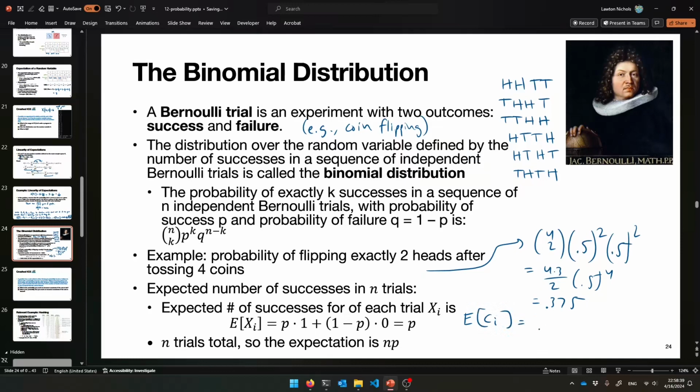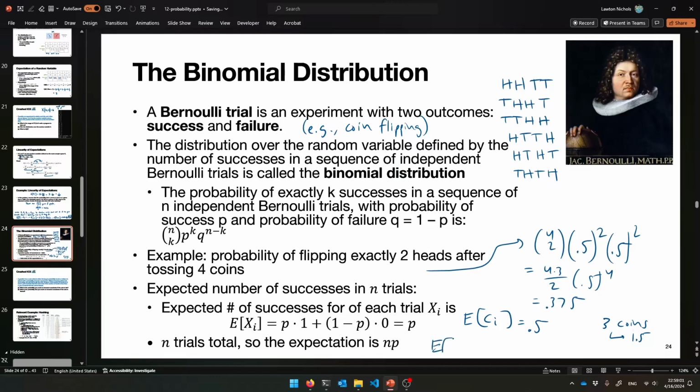What's the expected number of successes, that is, heads? Well, it's just the probability that you get heads, so that's 0.5. And this is kind of intuitive, right? Because thanks to the linearity of expectations, if you flip 3 coins, it's 3 times 0.5. You expect to see 1.5 heads. Does that make sense?